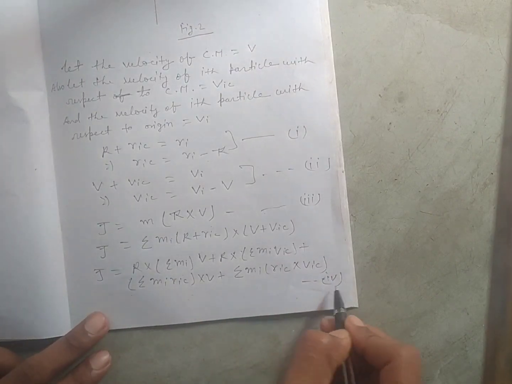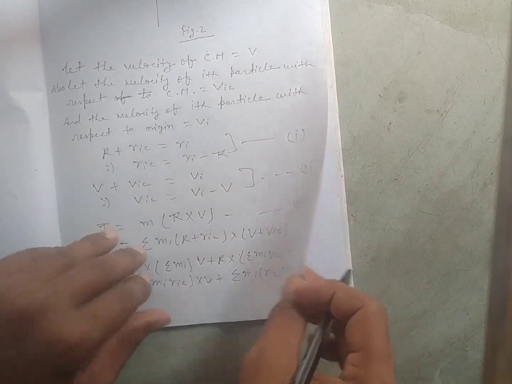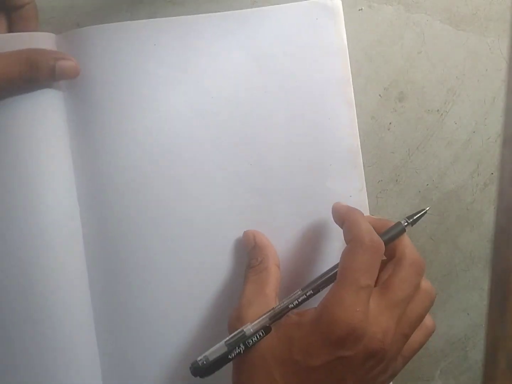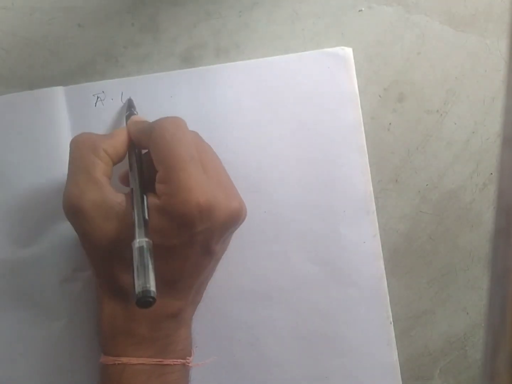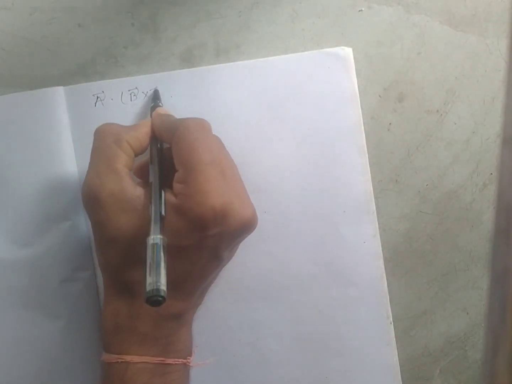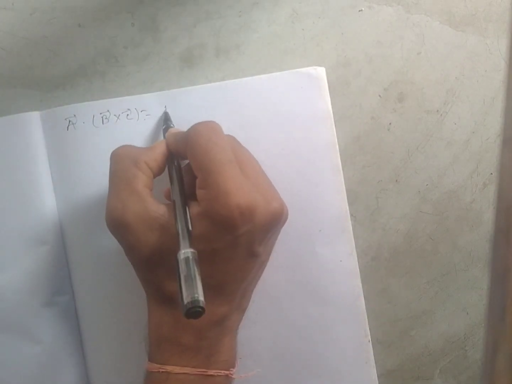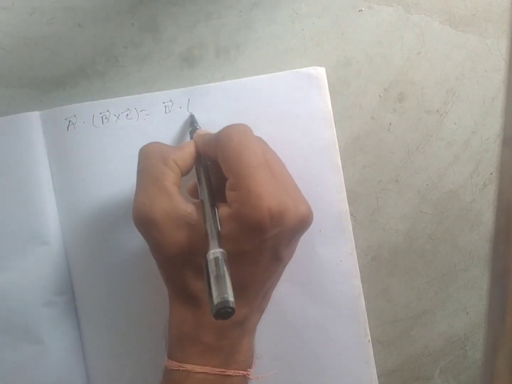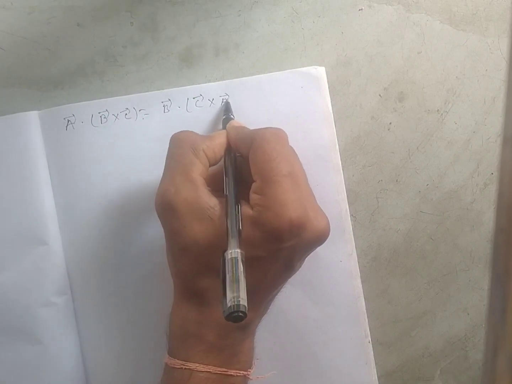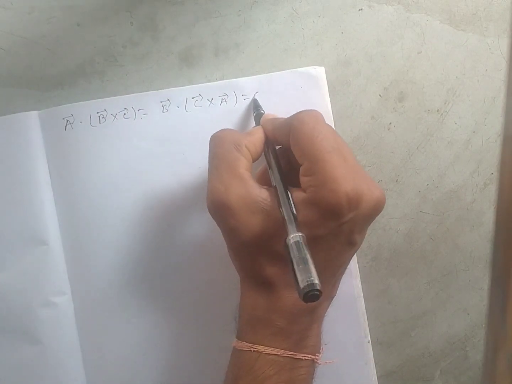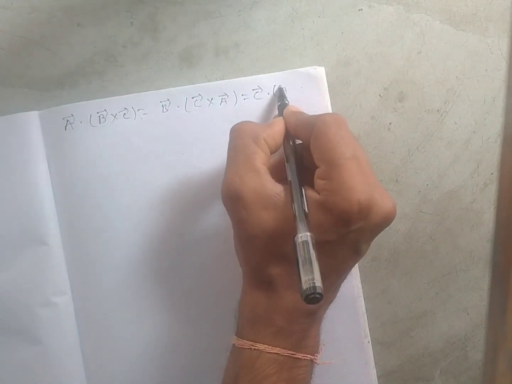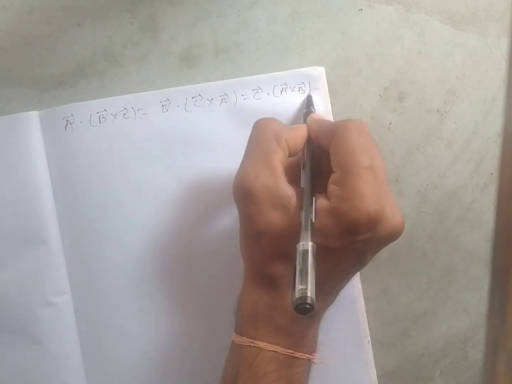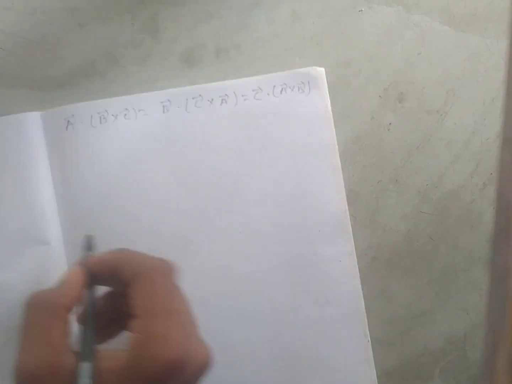This is equation 4. The property we have used here is that if there are three vectors A, B, and C, the scalar triple product A dot B cross C can be written as B dot C cross A equals C dot A cross B. This follows a cyclic order.